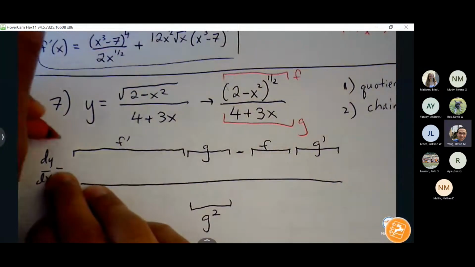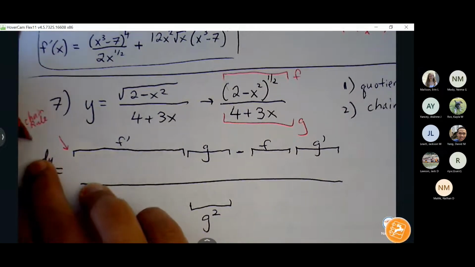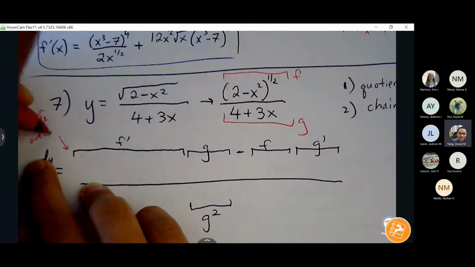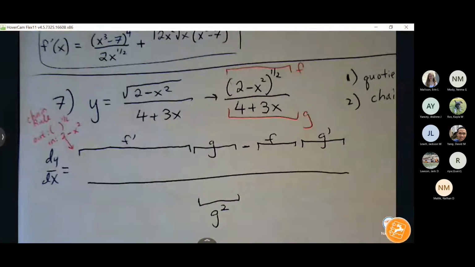Okay, so F prime, this is where chain rule is going to get applied. Outside portion is that parentheses to 1/2. The inside portion is that 2 minus x squared. So that outside derivative first.